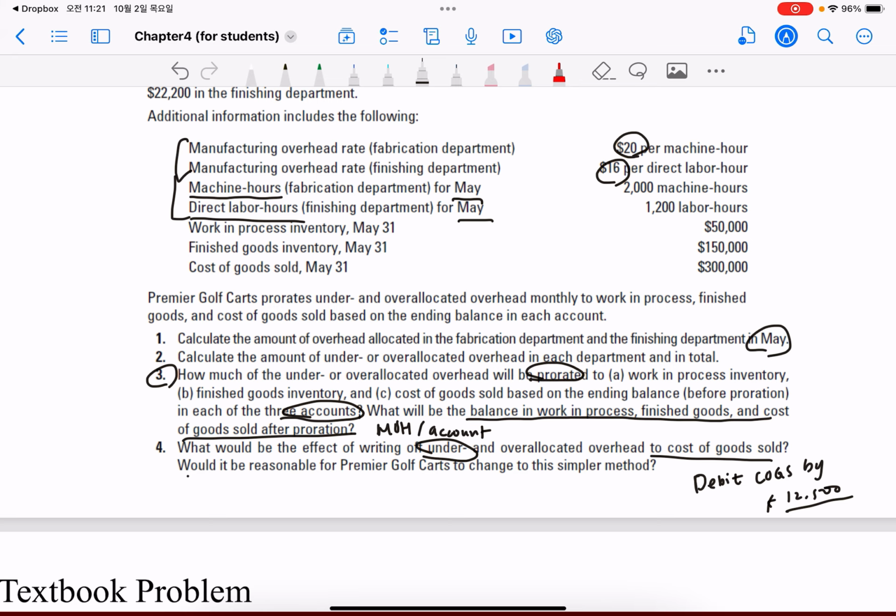And the question here is, would it be reasonable to change to this simpler method? Actually, this is a subjective matter. This is your call on what you think is reasonable. But as I've shown you in some general guidance, writing off to COGS is generally more optimal or more efficient if the over or under allocation amount is not quite substantial, right?